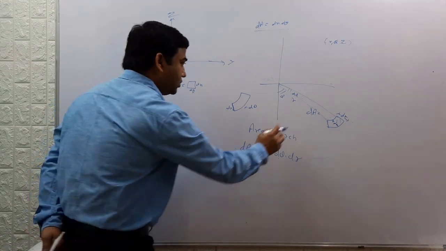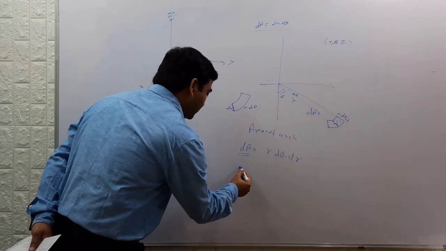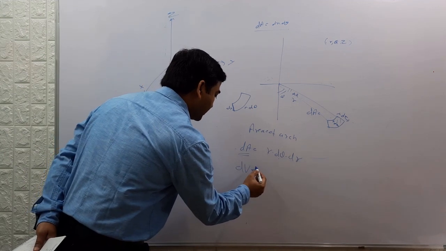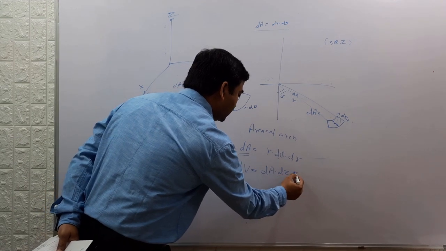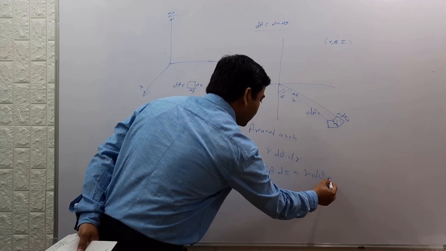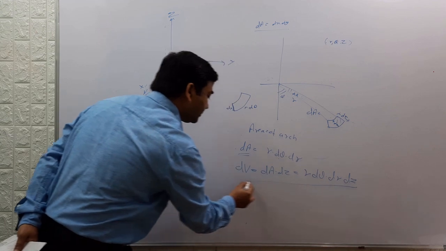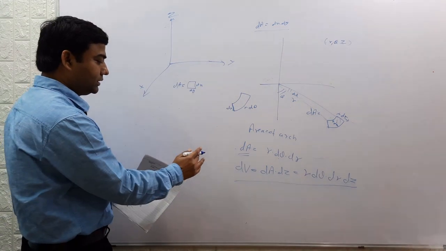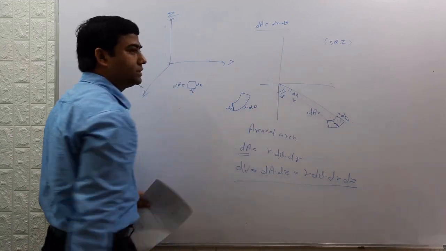So in the cylindrical system, we write dV is equal to dA times dz, which is r d theta dr dz. This is how we write dV in polar coordinates.